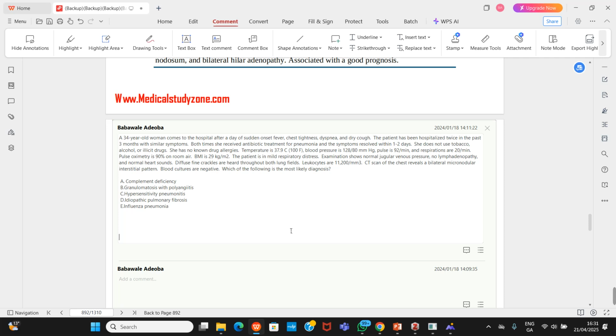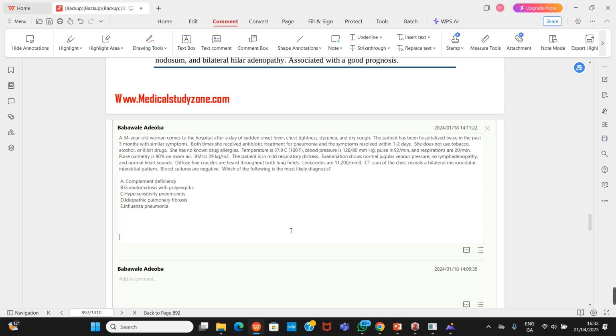She does not take tobacco, alcohol, or illicit drugs. She has no drug allergies. Temperature is elevated. Blood pressure is 128, pulse is 92, respiration is 20. Pulse oximetry is 90%. The BMI is 29. The patient is in mild respiratory distress and examination shows normal JVP, no lymphadenopathy, and normal heart sounds.